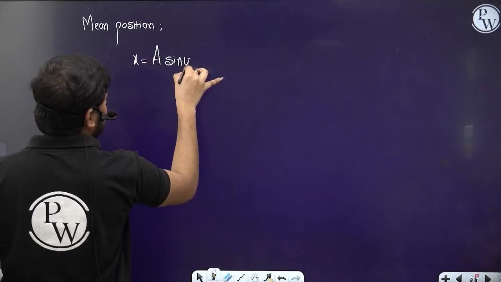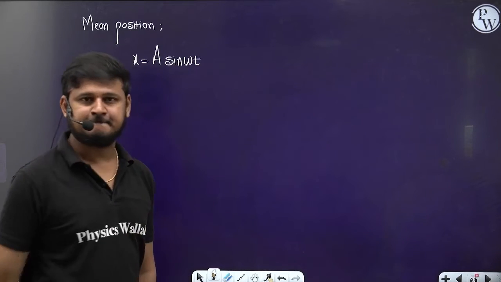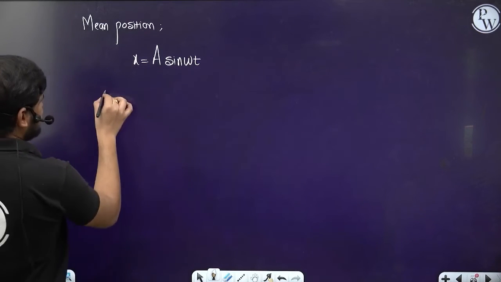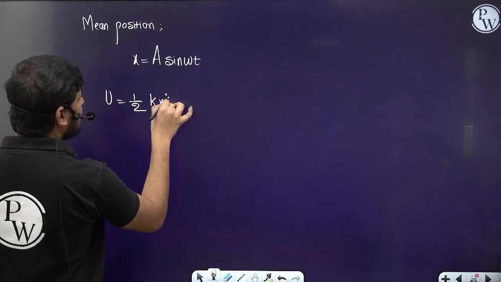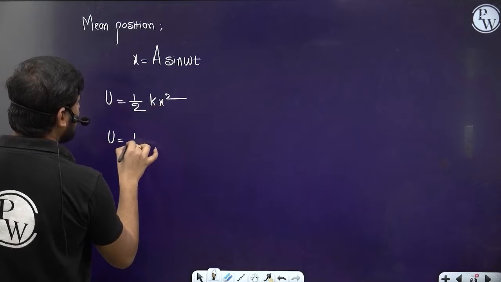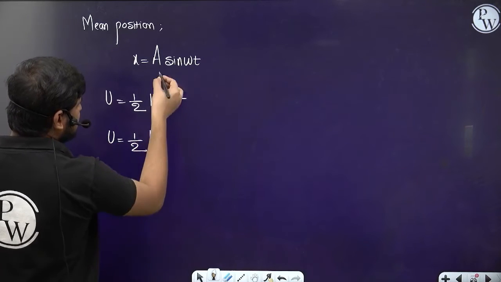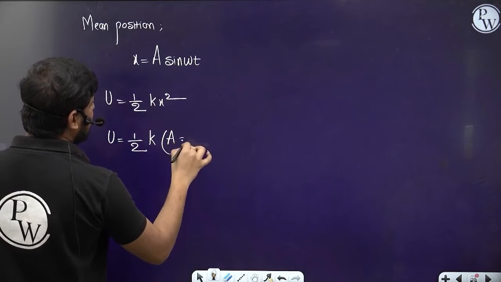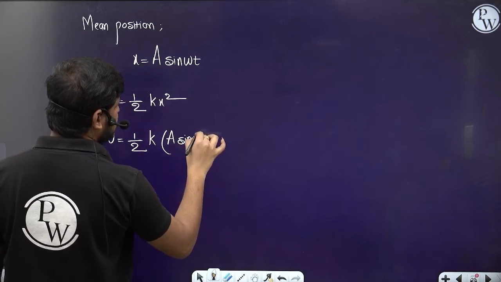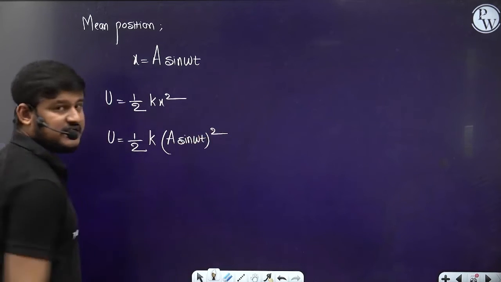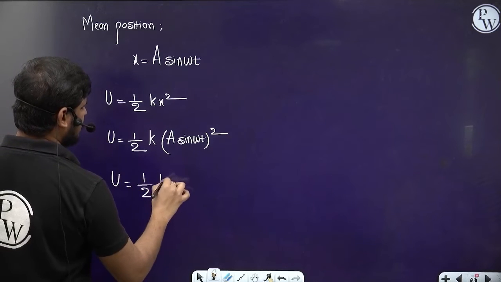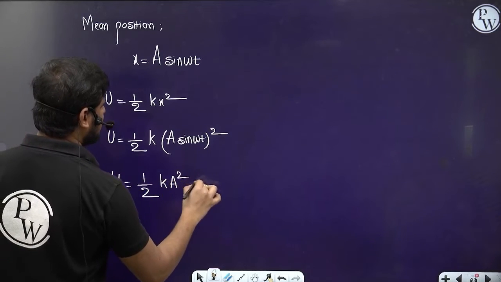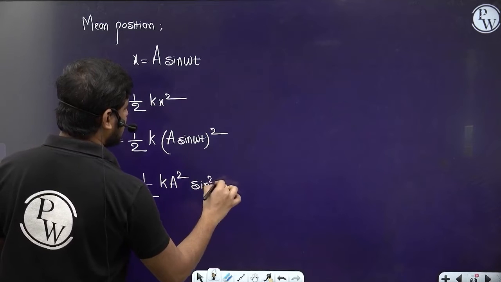We know that the potential energy is half kx square. So U equals half k into, in place of x, let's substitute a sin omega t whole square. Done. Chalo.